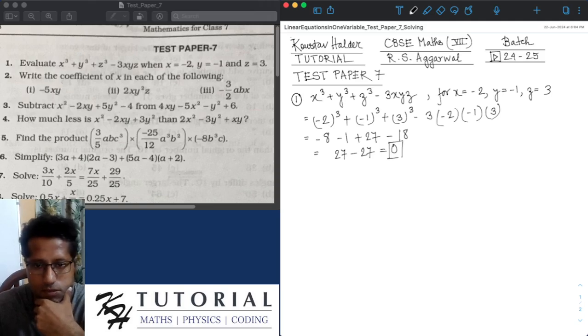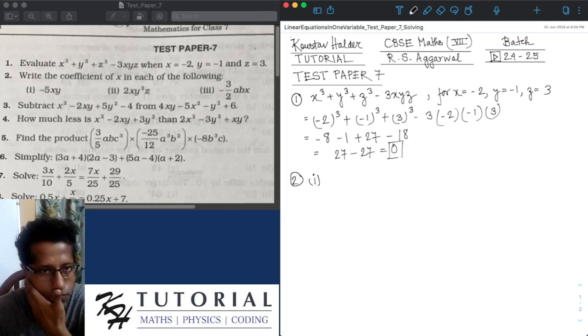Okay, let's do question number 2. It says write the coefficient of x in each of the following. So we have three parts, and for each part we are given some term. We have to find the coefficient of x in each of the terms. So the first term is minus 5xy.